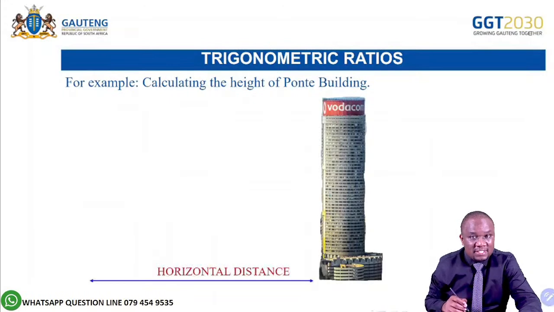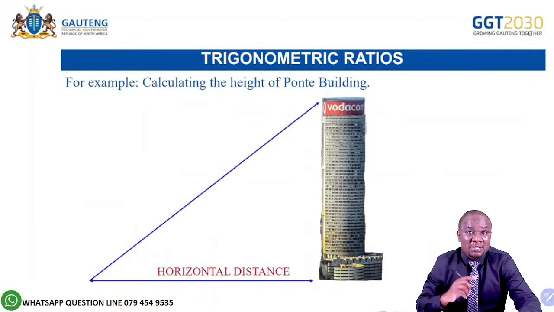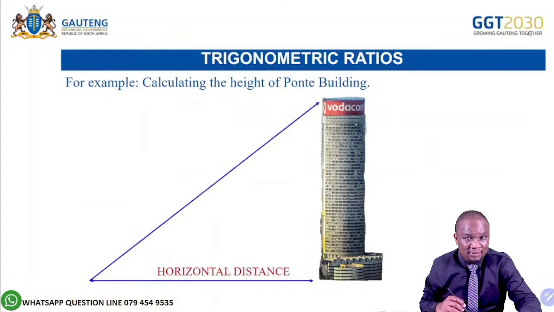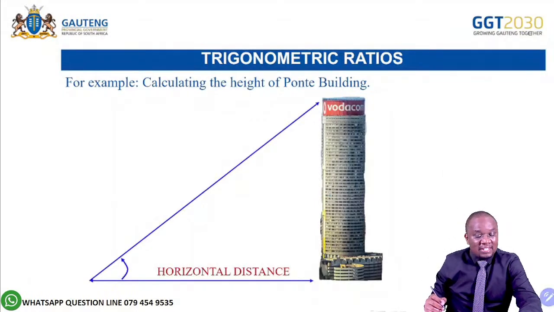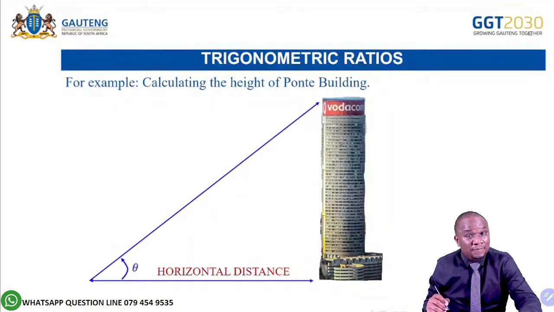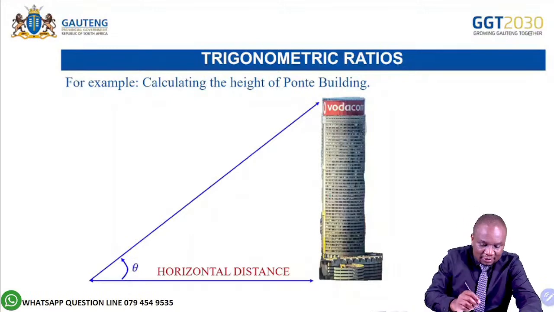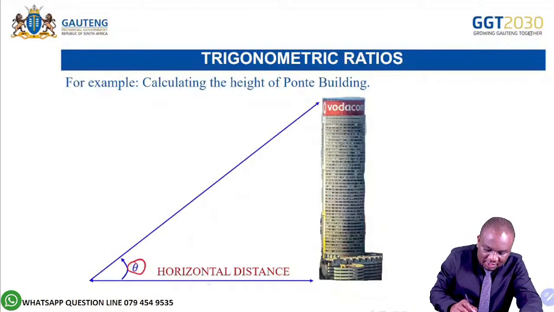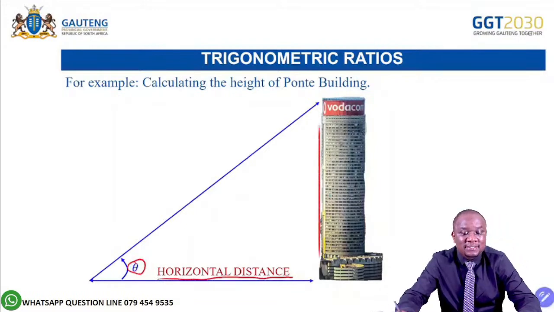We measure this distance and we measure the angle, theta. There is an instrument that can be used to measure the angle. You can even make a simple one in class using a protractor. With this angle and this distance, we can easily find the height using trigonometry.